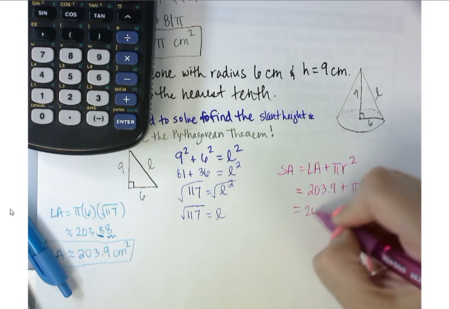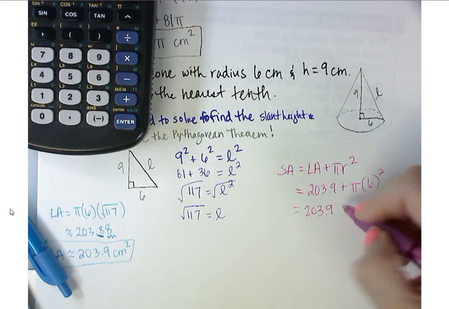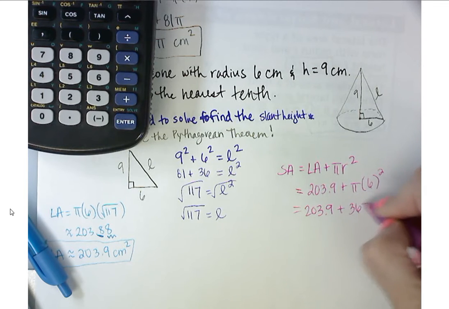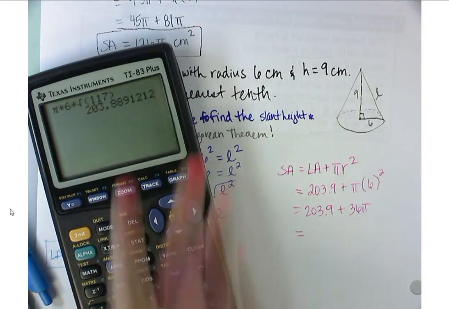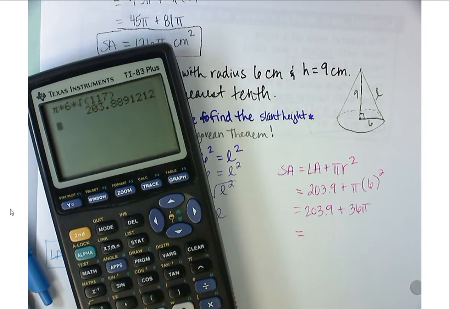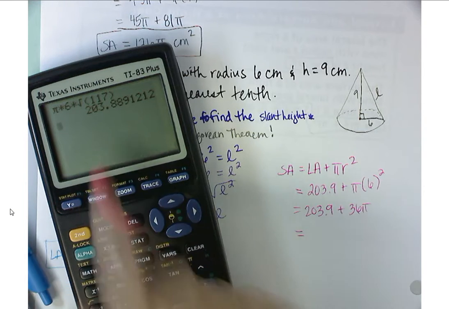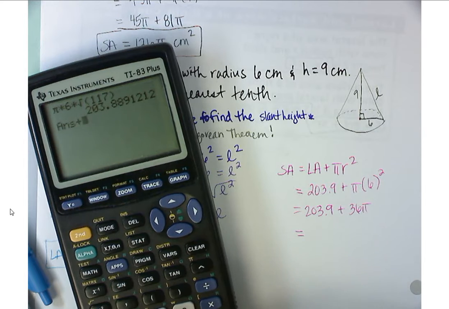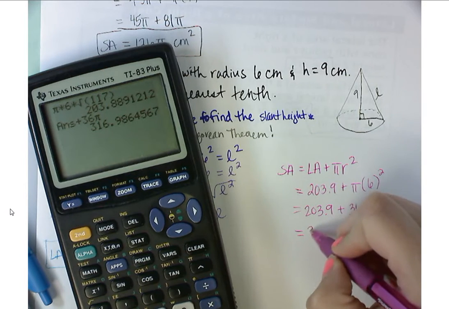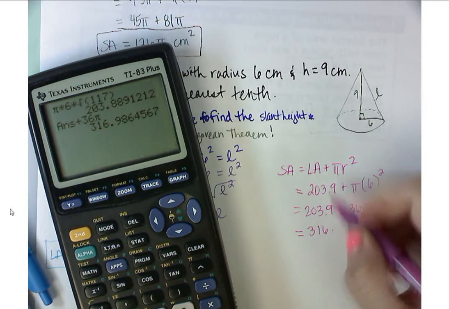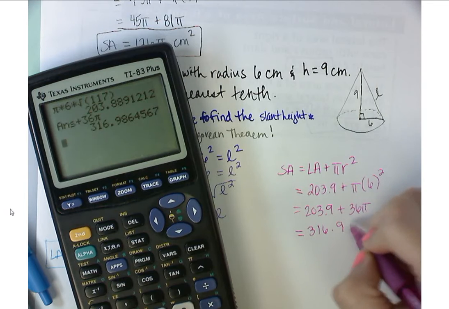So I'm going to end up adding what I got previously to 36 pi. If you keep your answer in your calculator, you can just do 36 pi, add that to your answer. And you're going to get 316.98.